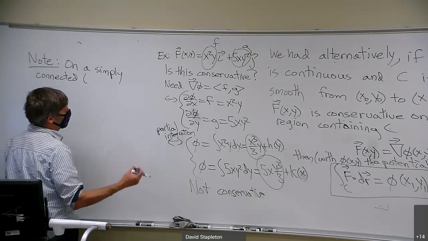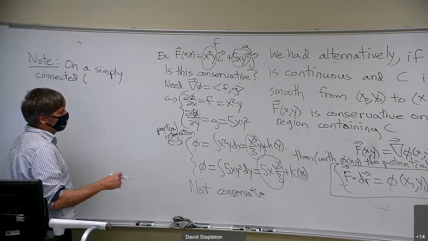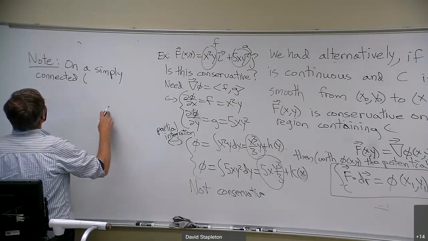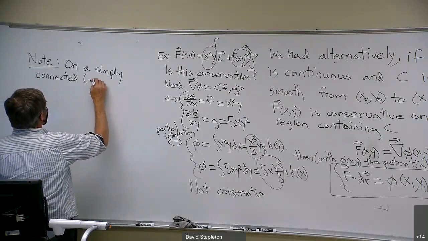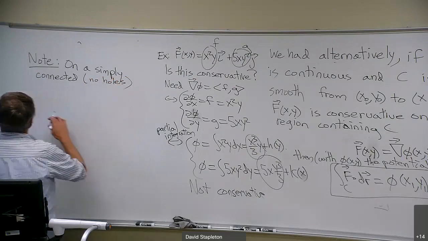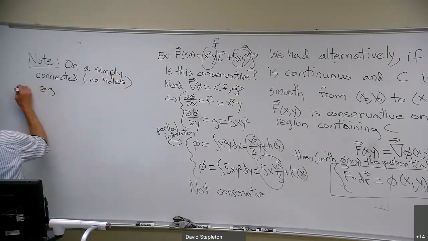You can't even have a point missing. There are examples of open regions with a point missing in the middle, and this theorem doesn't apply. So on a simply connected region, meaning no holes, an open region.